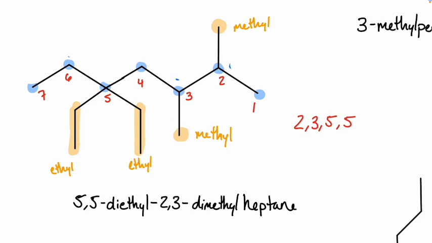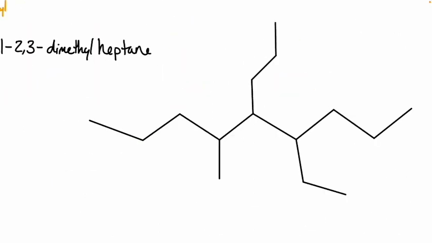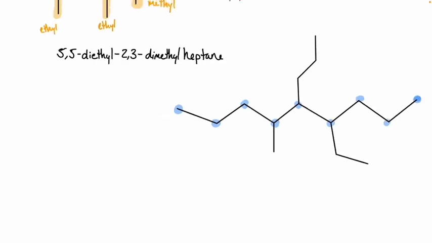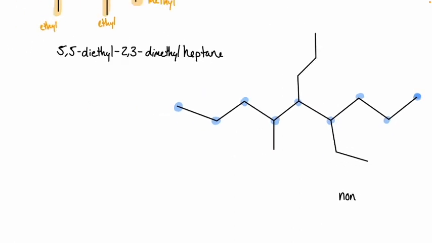All right, and then my last one, my parent chain is this set of 3, 4, 5, 6, 7, 8, 9 carbons. What is 9 carbons? A nonane. All right, we've got again our methyl group and our ethyl group. And then what do we call it if it's 3 carbons long? Propyl group. So here's an ethyl.